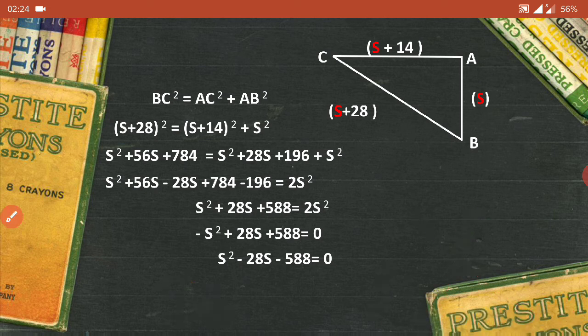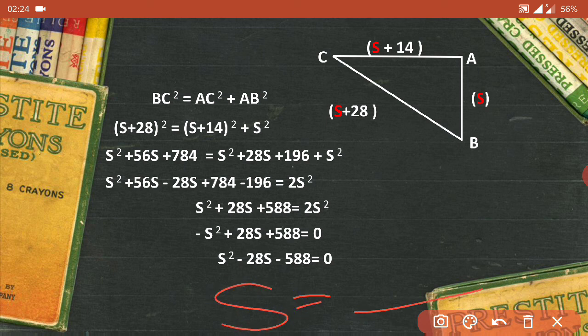Once you find the value of S, all I will do is substitute over here, and S plus 28 will give me the length of the diagonal, S plus 14 will give me the length of the longer side, and the value of S itself is the shorter side.